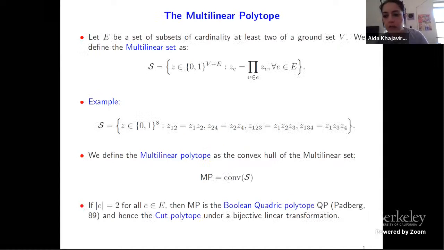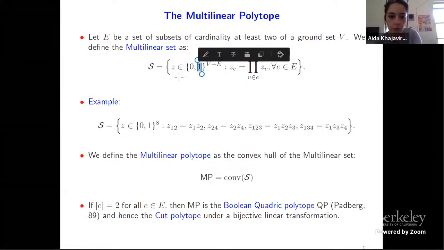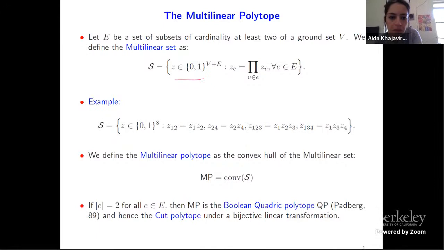So let's start by defining a multilinear polytope. A multilinear polytope is a set of binary points z such that they satisfy a collection of multilinear equations. So what is a multilinear equation? It's just this expression here: z_e equals the product of some z_v's. Let's look at an example right away.